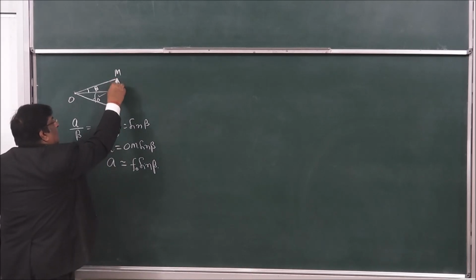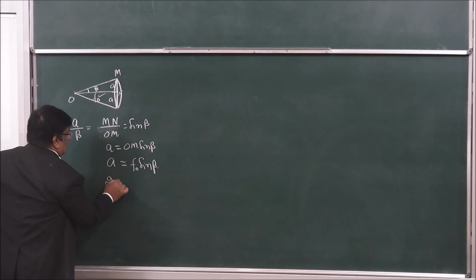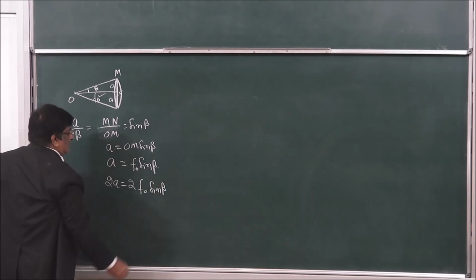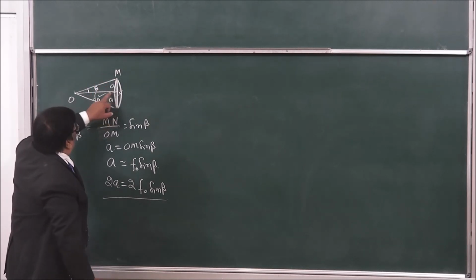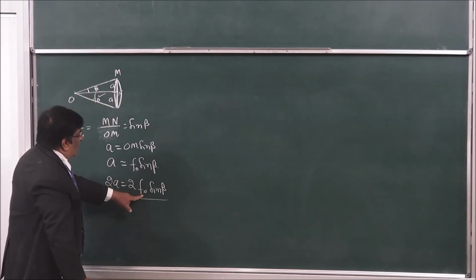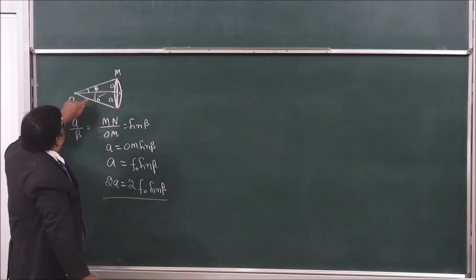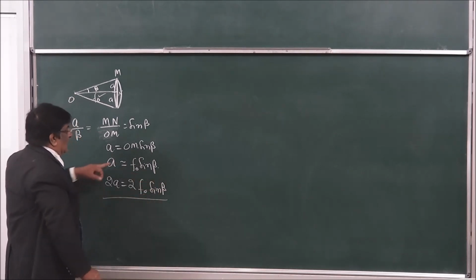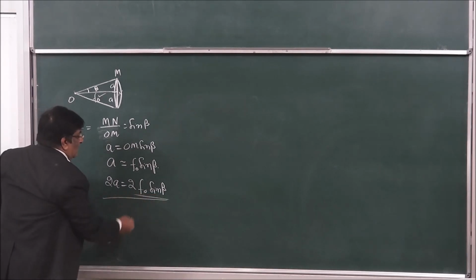So for the total 2A, if necessary I can write 2A is equal to 2FO sine beta. This is a relation between the aperture and focal length. Focal length is a property of the lens, aperture is again a property of the lens, and this is kept at a distance FO. So this becomes the relation. So this is also known as optical aperture.